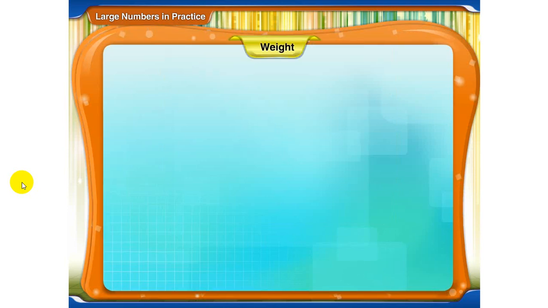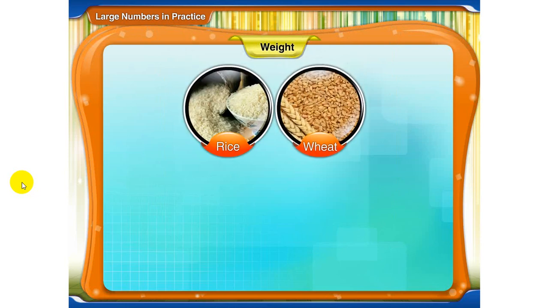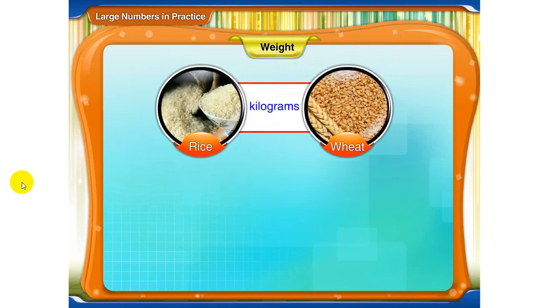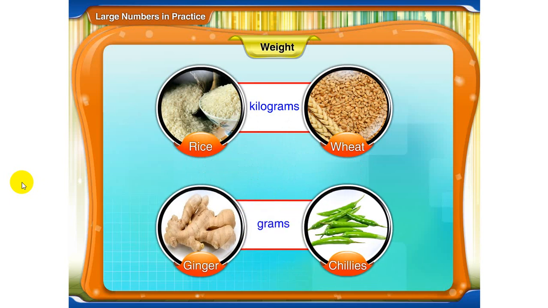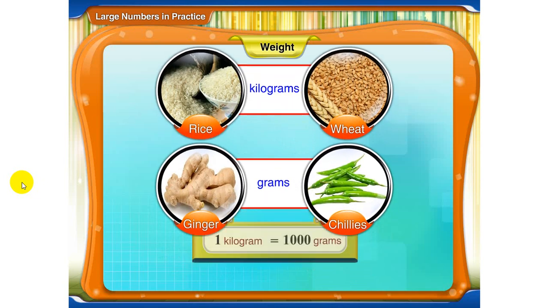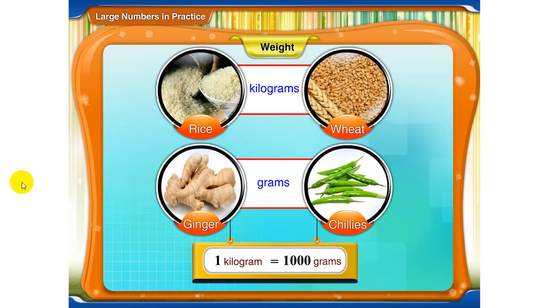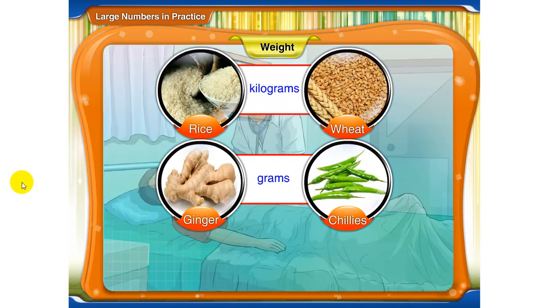Weight. We go to the market to buy rice or wheat. We buy it in kilograms. But items like ginger or chilies, which we do not need in large quantities, we buy in grams. We know 1 kilogram is equal to 1000 grams.